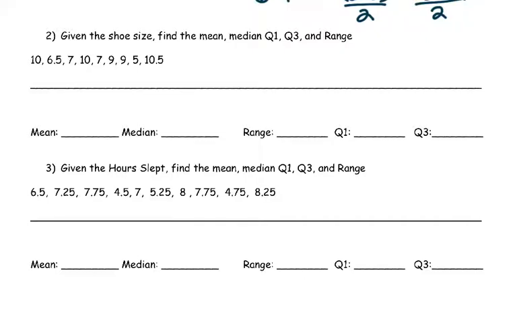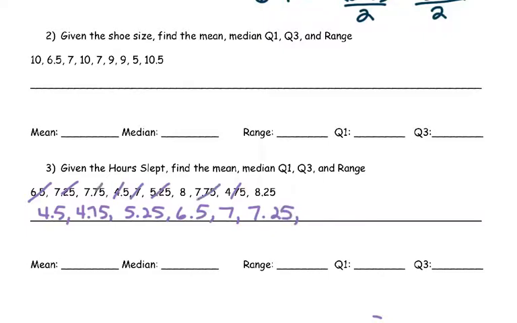When I look at this, I've got 1, 2, 3, 4, 5, 6, 7, 8, 9, 10, an even number of data points. First, I'm going to order them. So I have a 4.5, a 4.75, a 5.25, 6.5, a 7, a 7.25.